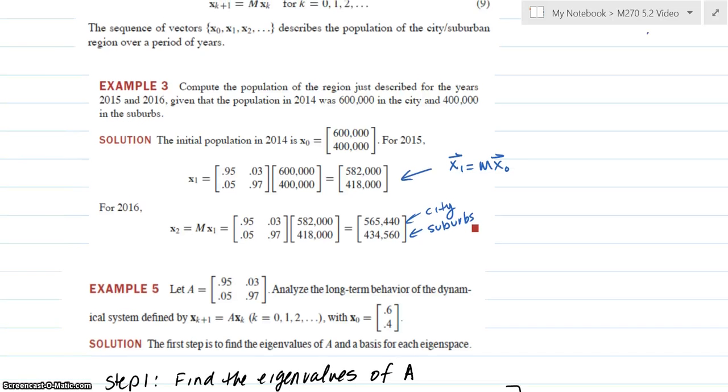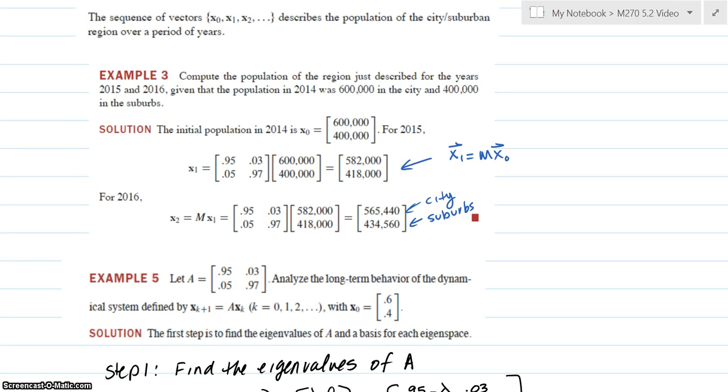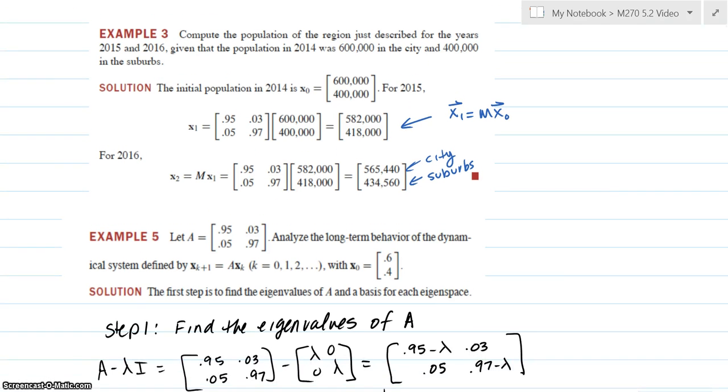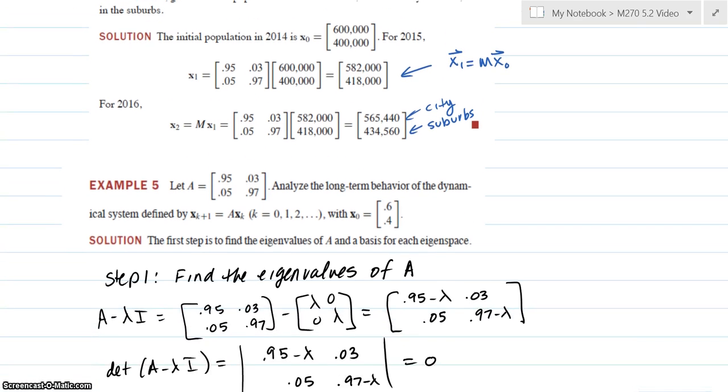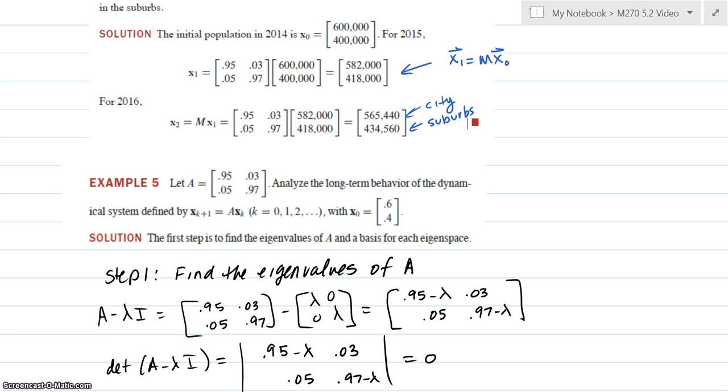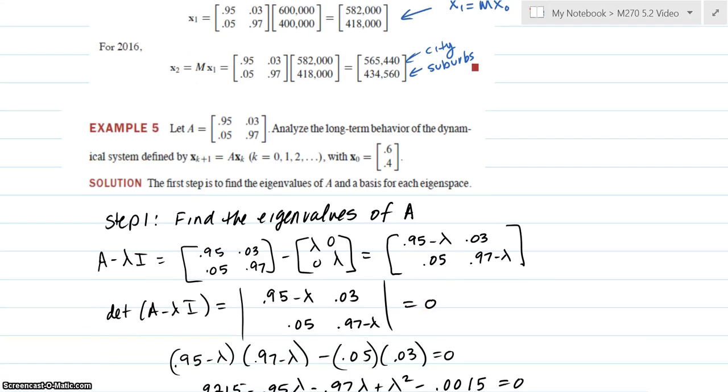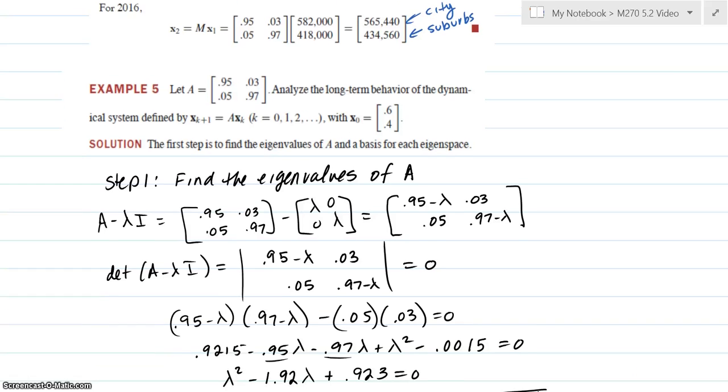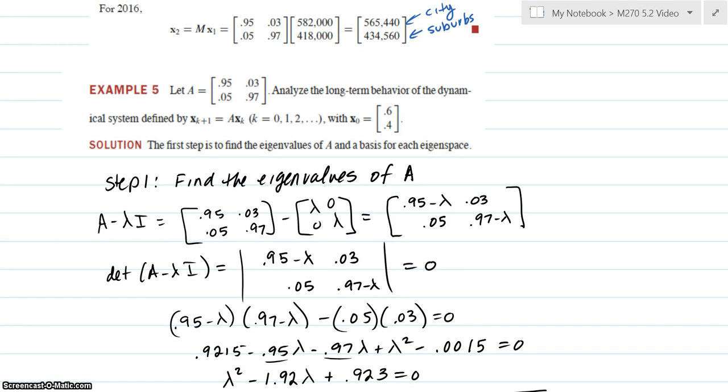I'm going to try to quickly go through this. Step 1, finding the eigenvalues. We're going to look at our characteristic equation, A minus lambda I, which I wrote here. I'm going to set it equal to 0 to find our eigenvalues. And so I'm going to take the determinant of that and combine the like terms.